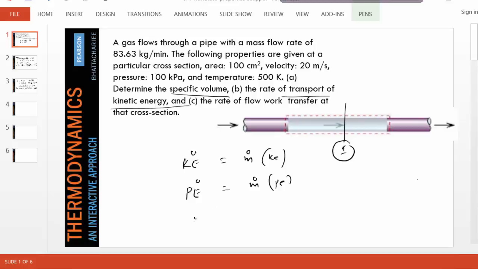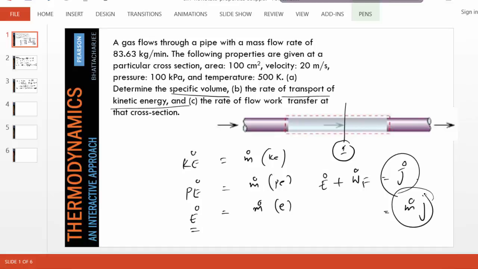It carries, in other words, E dot, which is m dot times E, which includes Ke, Pe, and U. And finally, if we add with E dot the flow work that it carries, that's called J dot, which is m dot times J. When there is a flow, it carries this, which is called the flow energy. The total energy that it carries is given by J dot, and we'll learn more about that in the coming chapters. And that will be very important in understanding the energy equation that we build for a generic open system.